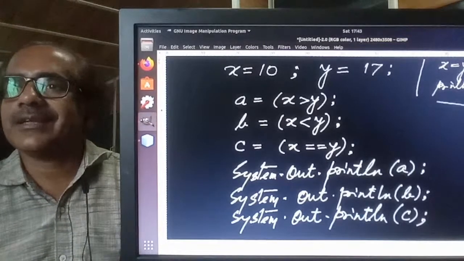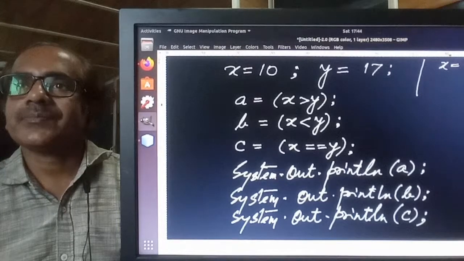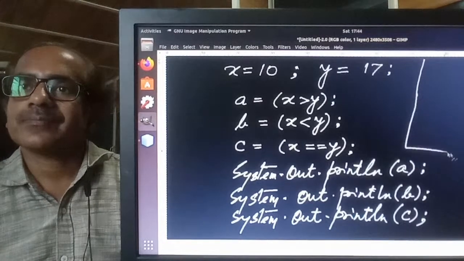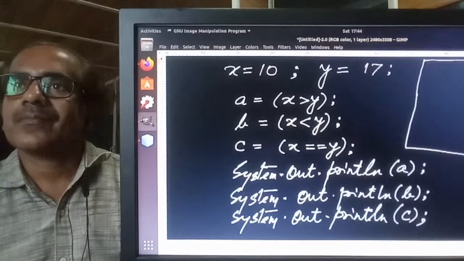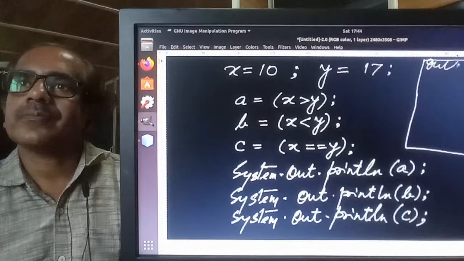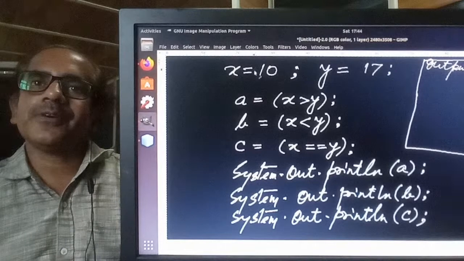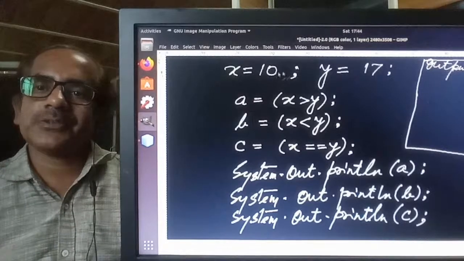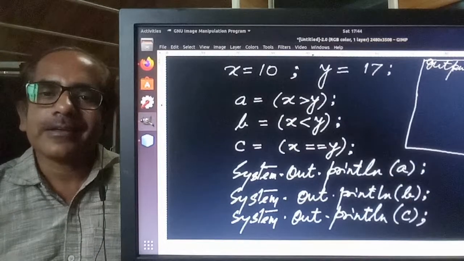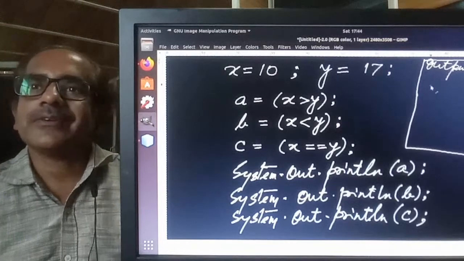I'm telling the result that comes. Output: for the values of x equal to 10 and y equal to 17, is x greater than y? Certainly not. So printing of a will return false.